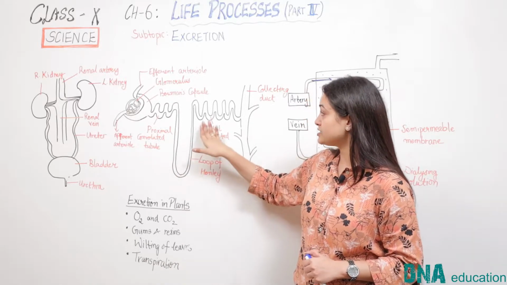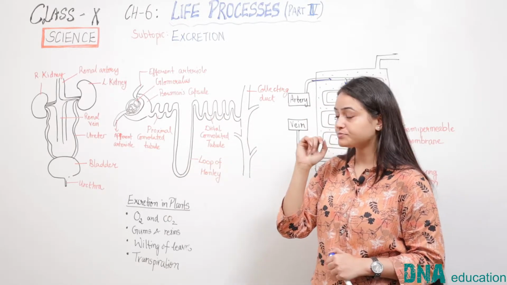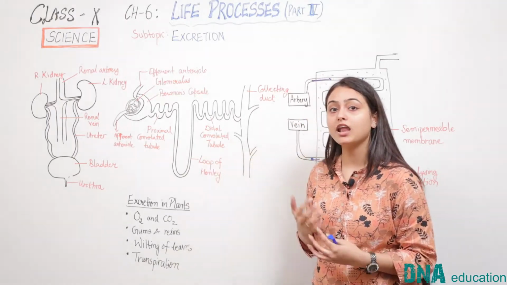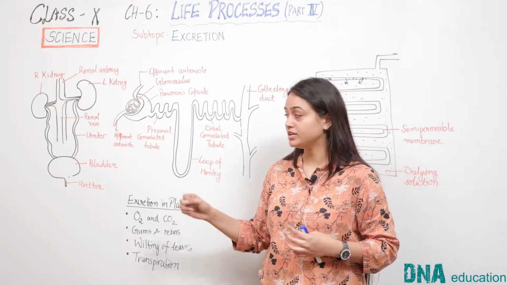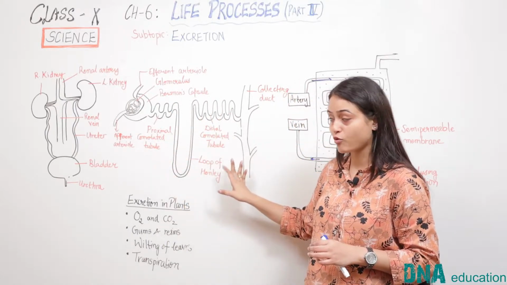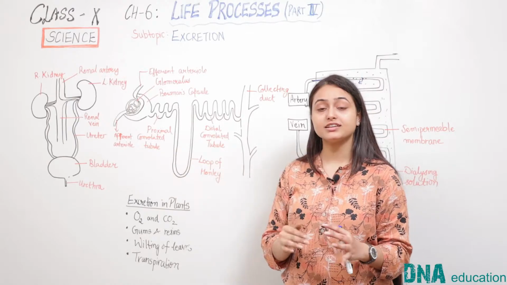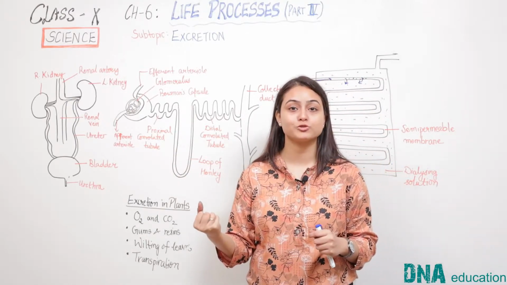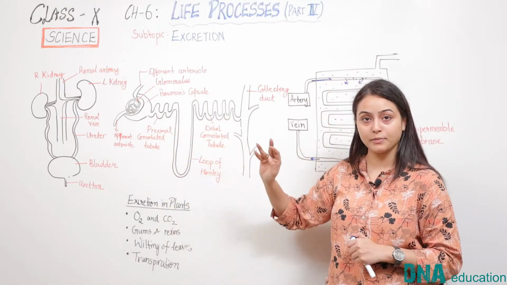Now, there is a function of the kidney that whenever there is excess water in the human body, the kidneys allow more water into the urine by decreasing the reabsorption of water in this part. And when there is a deficiency of water in the body, the kidneys increase the reabsorption of water through the tubular parts.